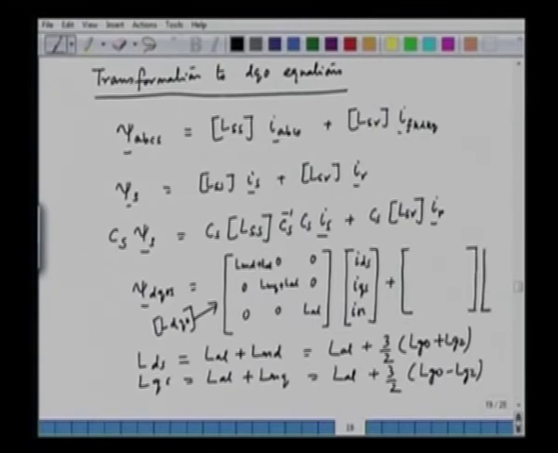So, we have the transformed currents here, IF prime, IKD prime and IKQ prime, and this matrix would be LMD, LMD and 0, then 0, 0, LMQ, and then 0, 0 and 0. So, we have the inductance matrix referred in the rotor reference frame.